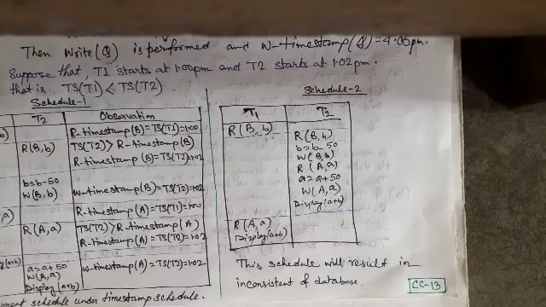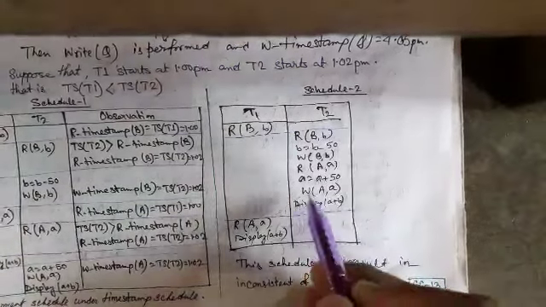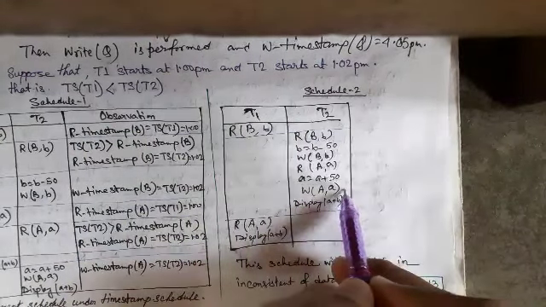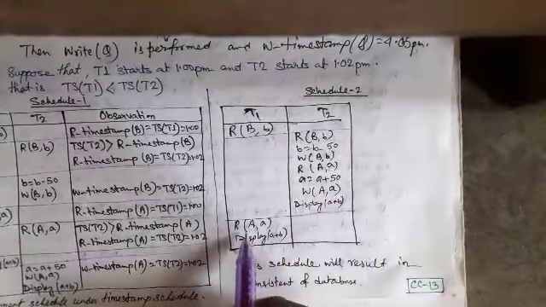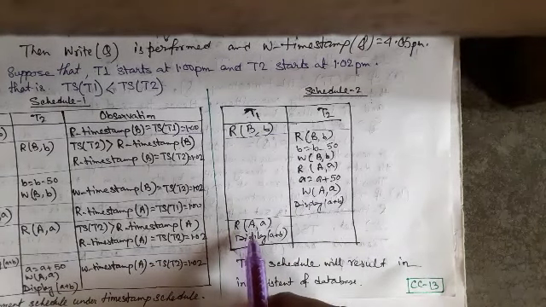This schedule does not satisfy the timestamp protocol, because here the write timestamp of A is greater than the timestamp of T1.